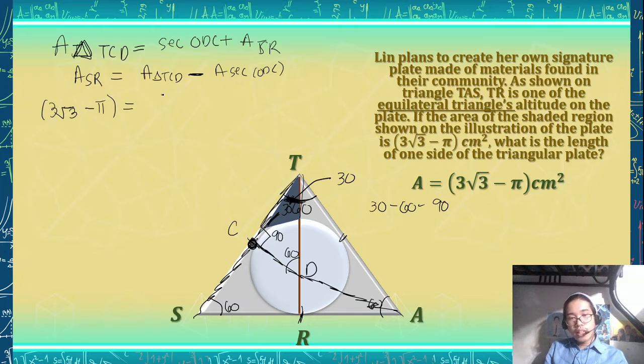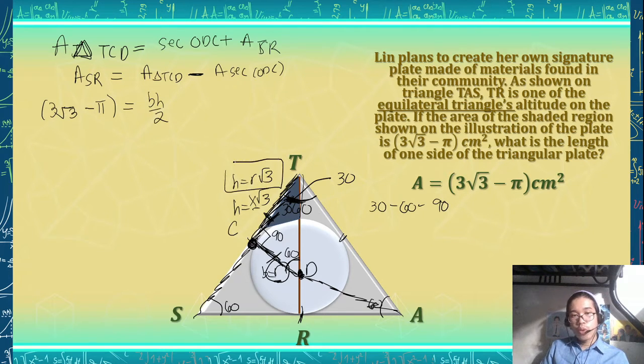we can say that to get the area of triangle TCD, we can use base times height divided by 2. Since we know that the base is going to be r, the radius of the circle, and we also know the value of TC, the height here, since it's opposite 60 degrees, is x√3, where x is the smallest side measurement, therefore the height should be equal to r√3.